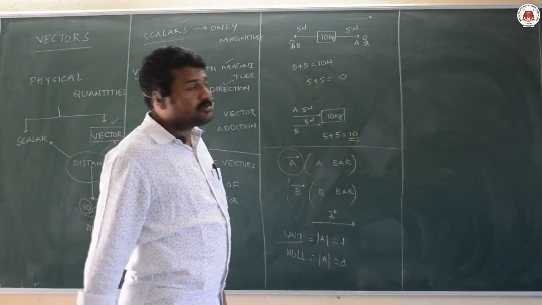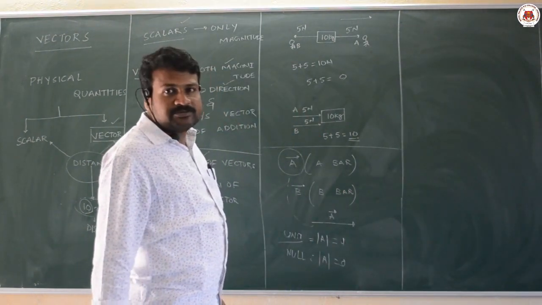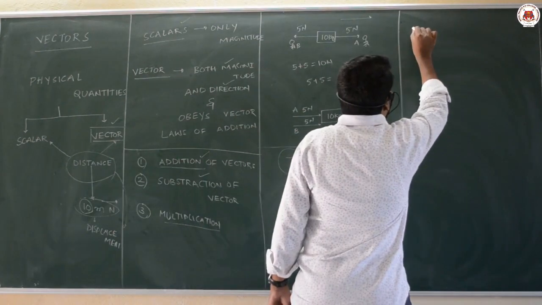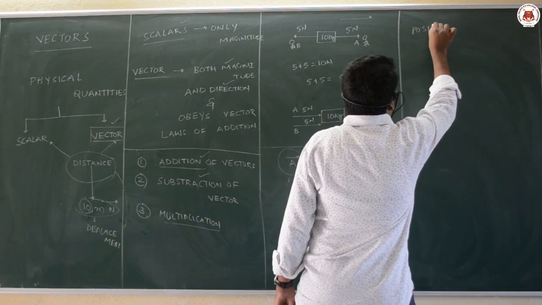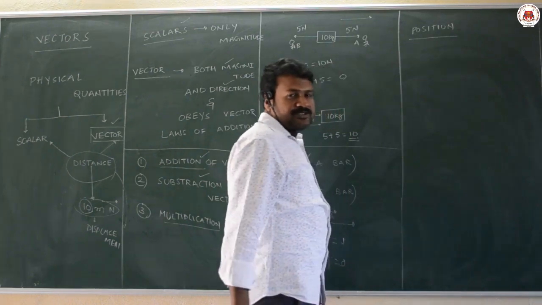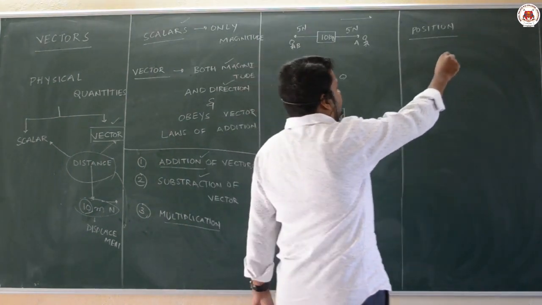Next, position vector. Just like in coordinate geometry, a position vector is a vector which is represented with coordinate axes.